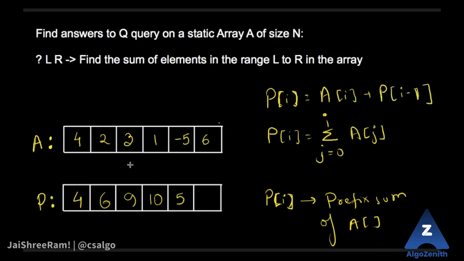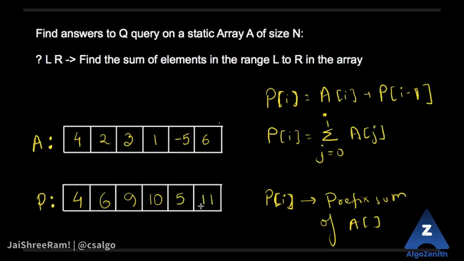Because P of I minus 1 holds the sum of all the elements till I minus 1, and if you add A of I, that's just P of I, because that's what P of I defines. You just add one more element to extend it. So to find this element, you can just add this and this, and get the value 11, so you don't need to iterate on the whole array. In this way you can create the prefix array.